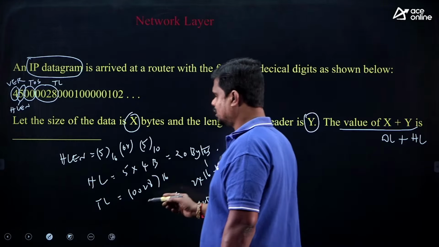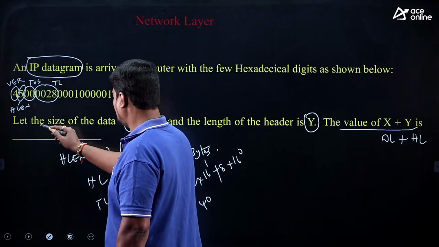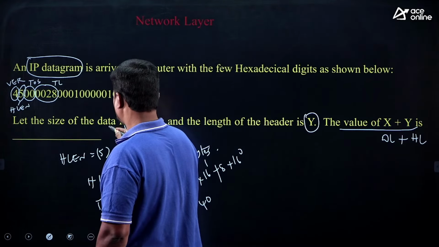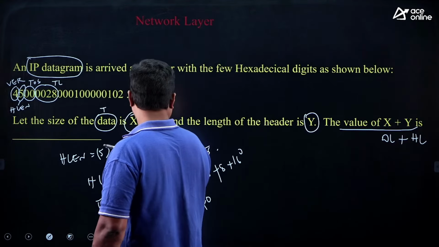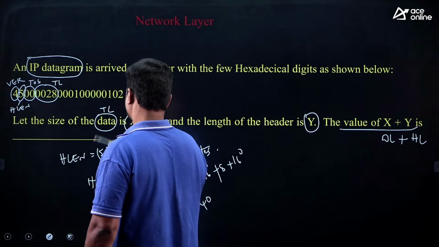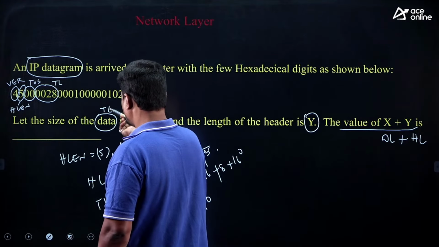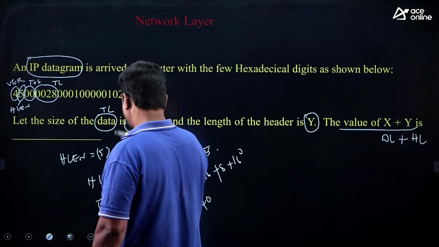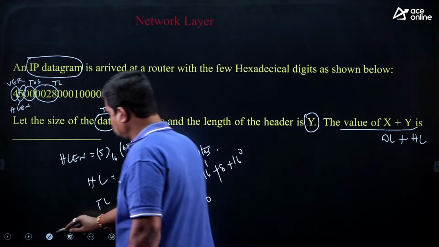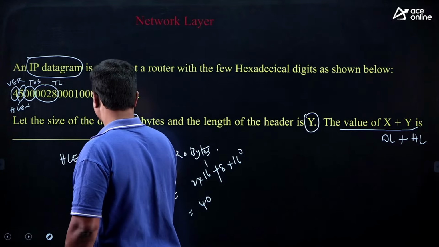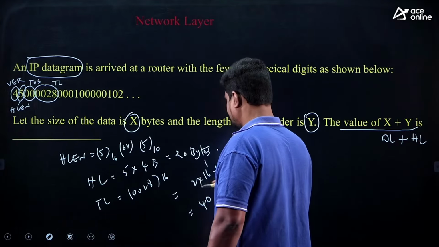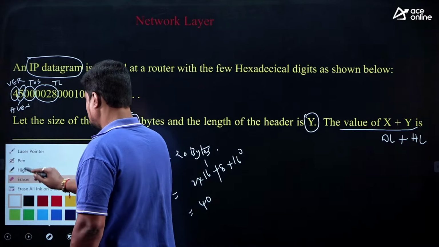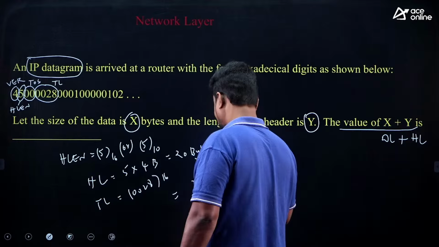If I make no changes here, in the total length field you are getting 40 bytes.